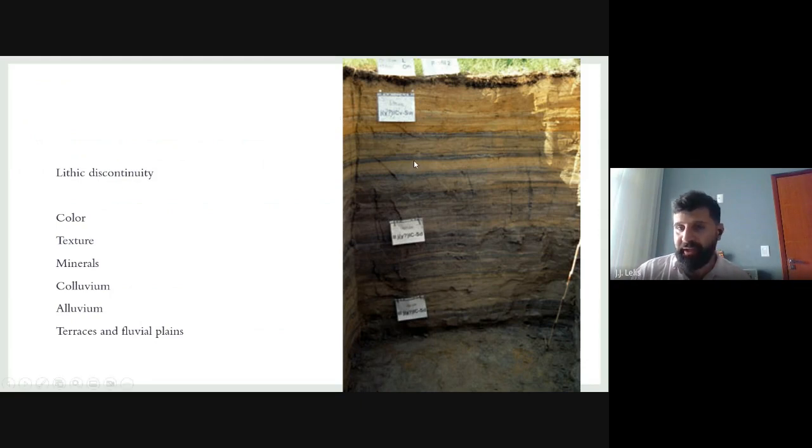In this picture, we can easily see several colors and layers that are related to alluvial fans. So this soil was formed very close to the river, and the river helped the formation of each of these layers by the material that was deposited according to the energy of the river. When the river has high energy, only coarse fragments and sand can be deposited, and maybe the color is not so dark because you don't have much organic material.